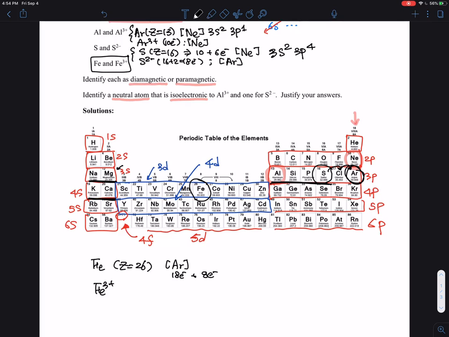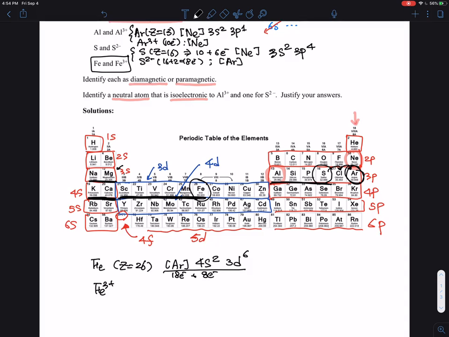You need to fill up 4s2, and then 1, 2, 3, 4, 5, 6. So that's 6 electrons in the 3d orbitals. Okay, so that's where you're looking at now.